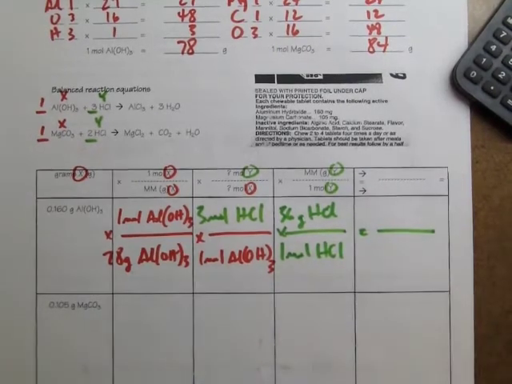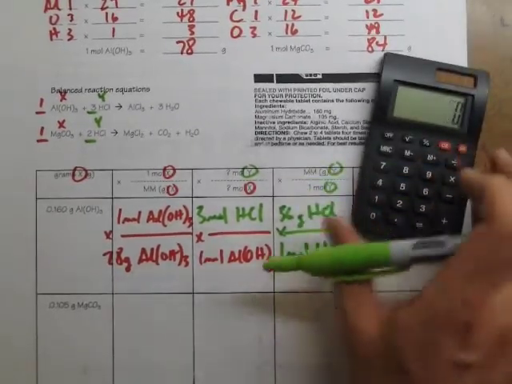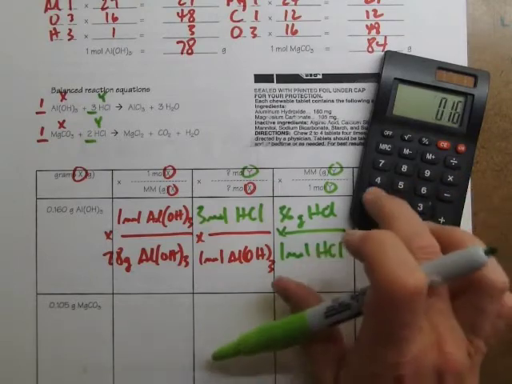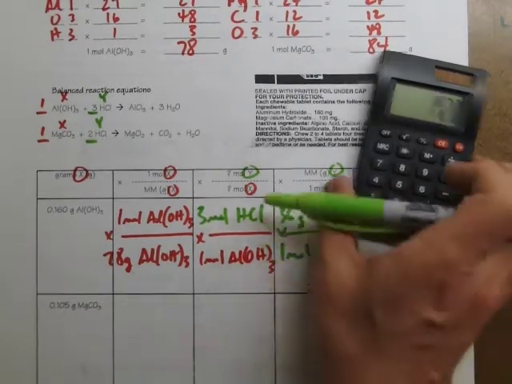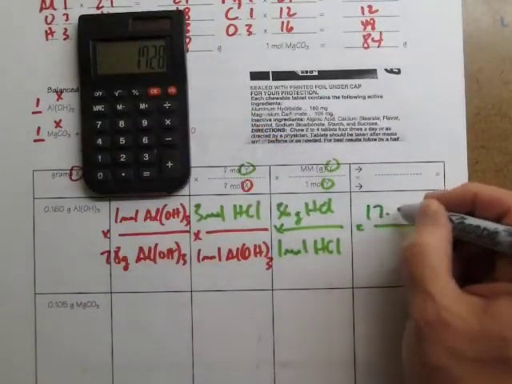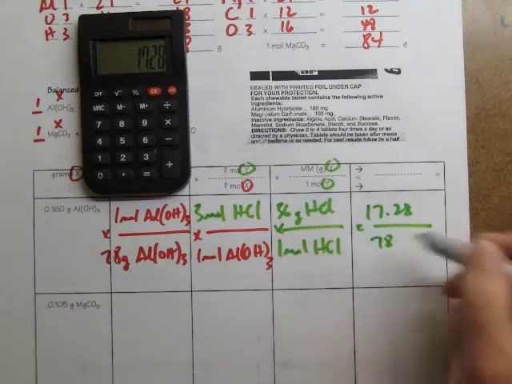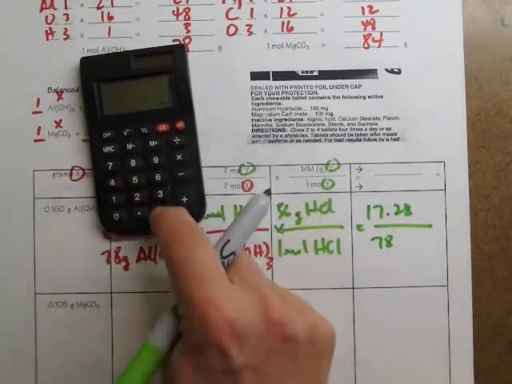Now we'll do the math. Multiply the numbers on the top. So let's do that. 0.160 times 1 times 3 times 36. And I'll write that down. 17.28. And across the bottom is 78. So I'll divide by 78.